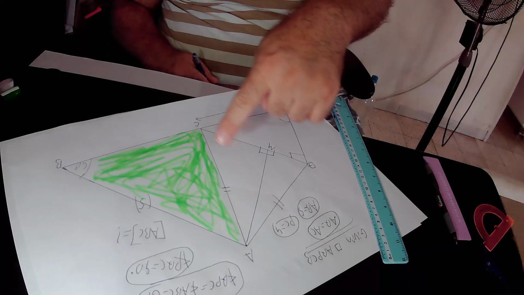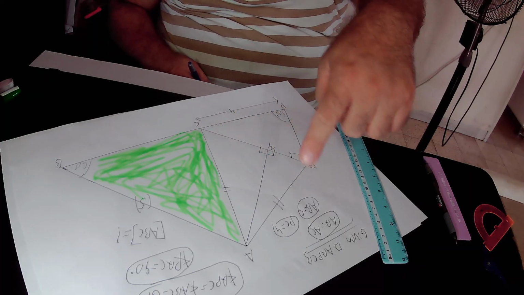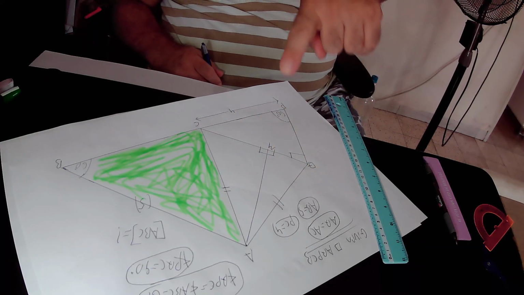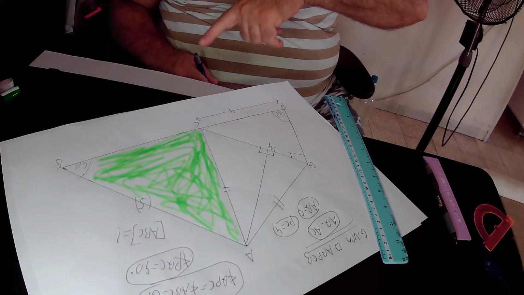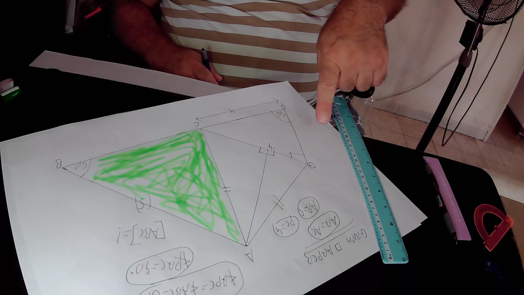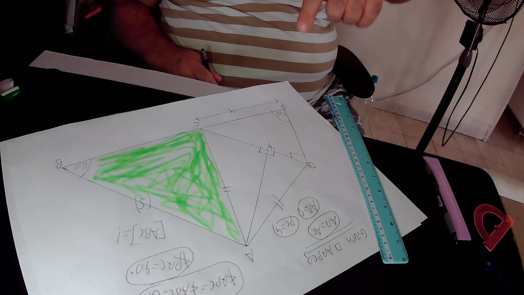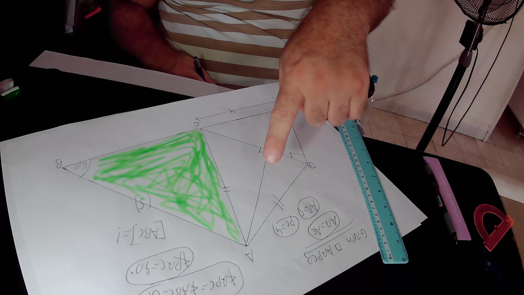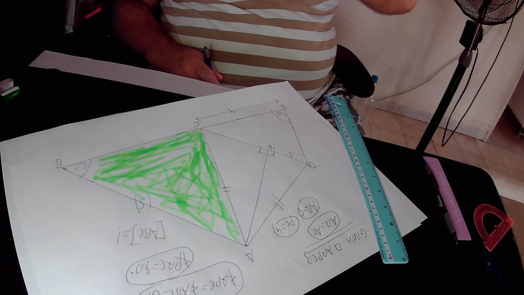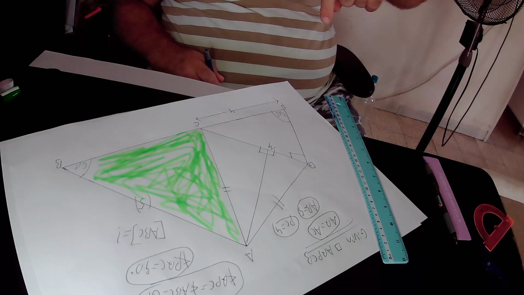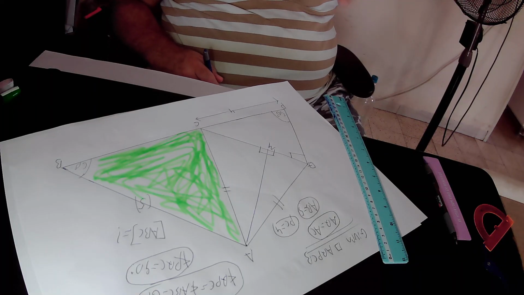Triangle AQC is an isosceles triangle because side AQ equals side AC. QC is the base of the isosceles triangle, triangle AQC. So from point A, we go perpendicular to the base QC. We have the rule that says the perpendicular to the base of an isosceles triangle bisects the base.